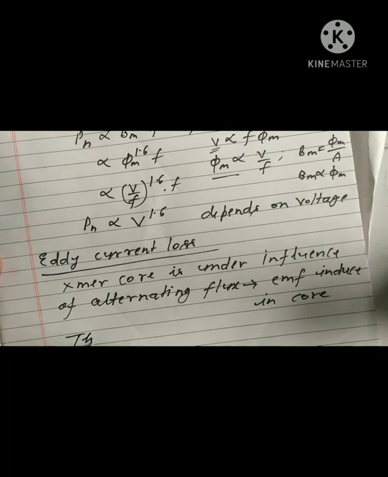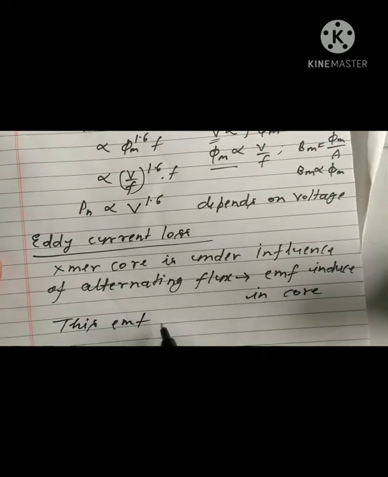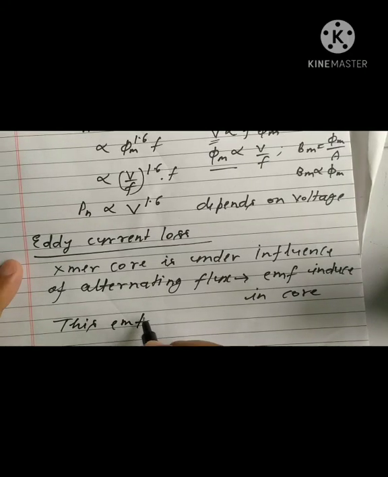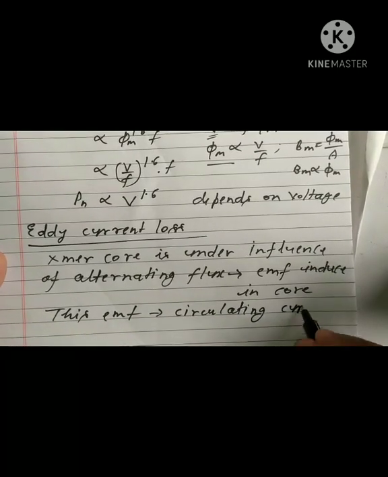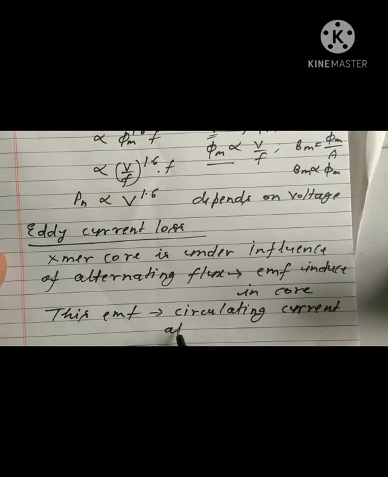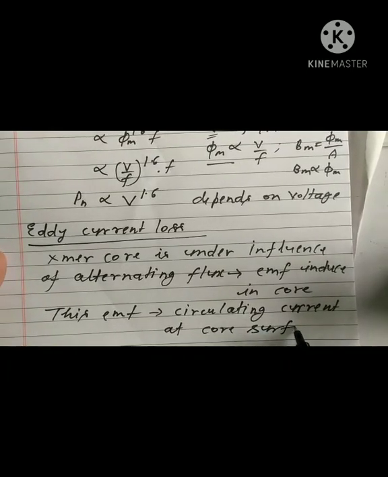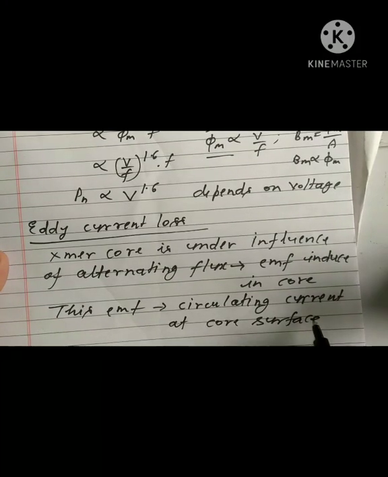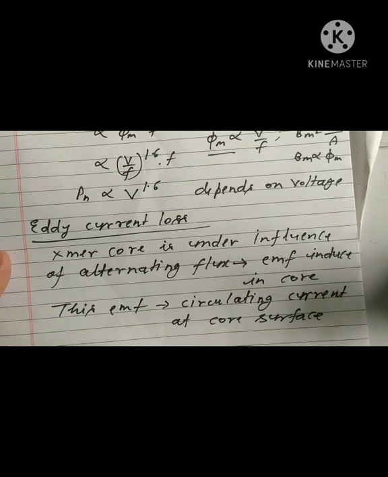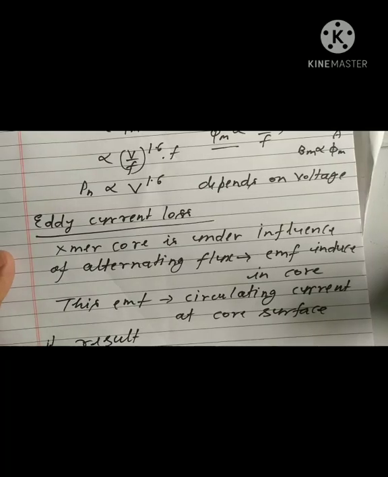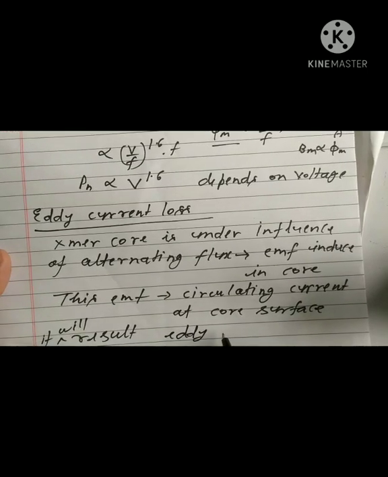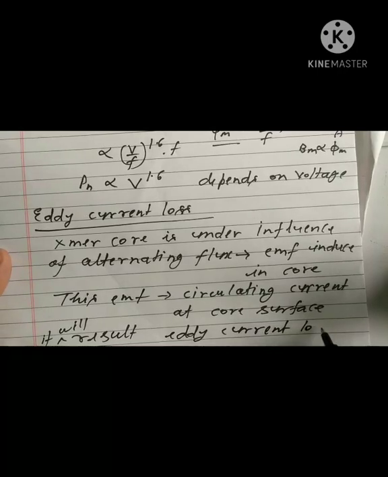And this EMF will cause circulating current at the surface of the core. Circulating current, that is eddy current, at core surface. This current, which is eddy current, will result in eddy current loss.